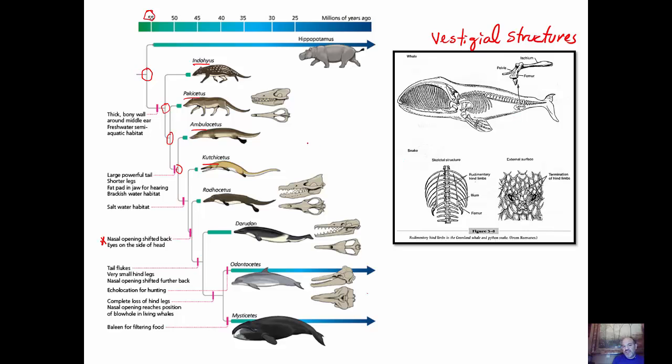If you watch the progression here, you see that in these fossils, the hind limbs become smaller and smaller, and eventually, right here, they're hardly existent, and eventually they disappear. However, modern whales still have the hip bone and parts of the leg bone. They're just hidden within there. And so that's pretty interesting. These basically show evidence of structures that once had a function in ancestors but no longer do today.